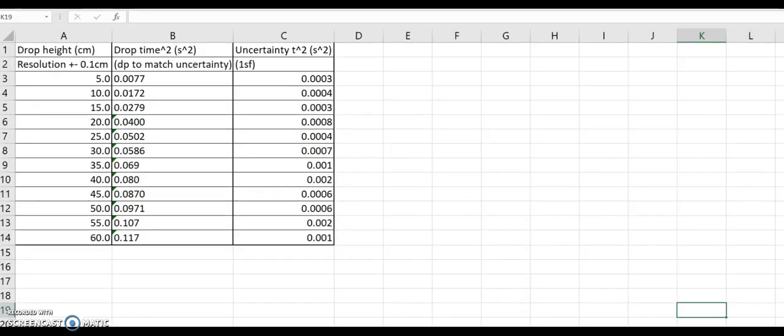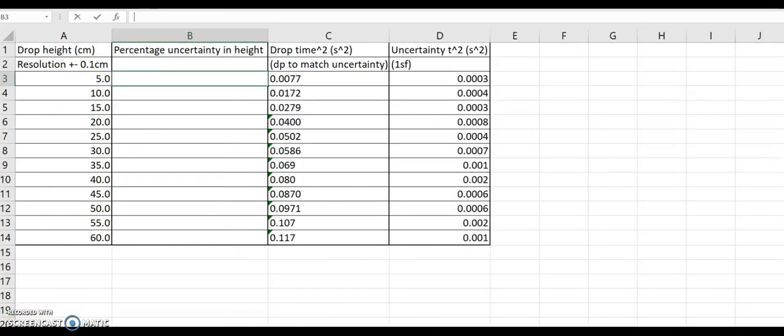Here's the spreadsheet with the data in it. We have the drop height in this column with its resolution, and we have the drop time squared with its uncertainty. And we've, in previous videos, explained how to calculate these things. So what we can do is calculate the percentage uncertainty on the drop height and the percentage uncertainty on the drop time.